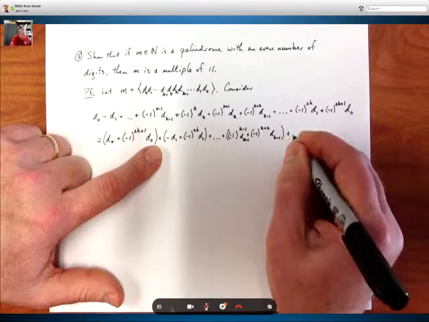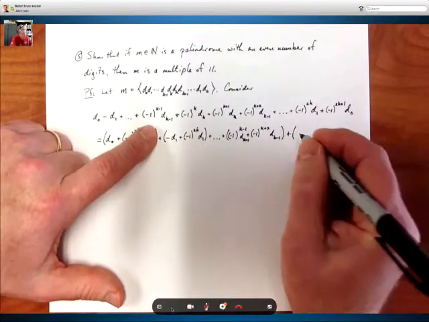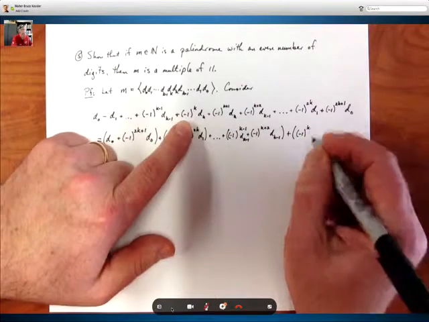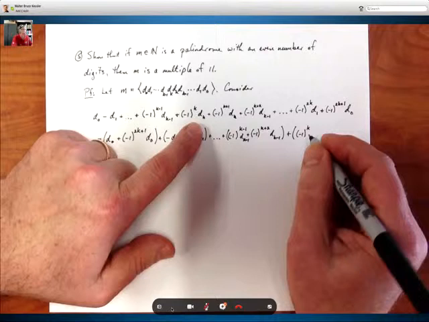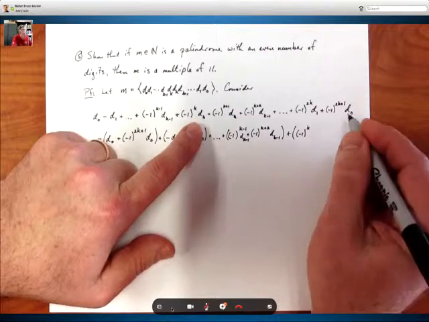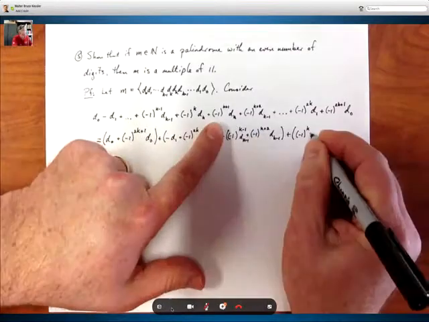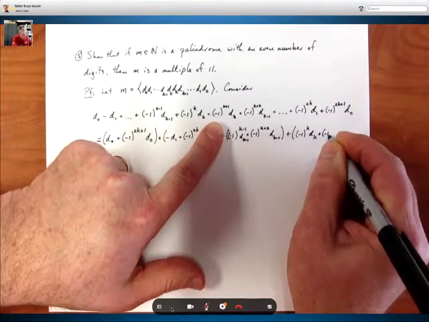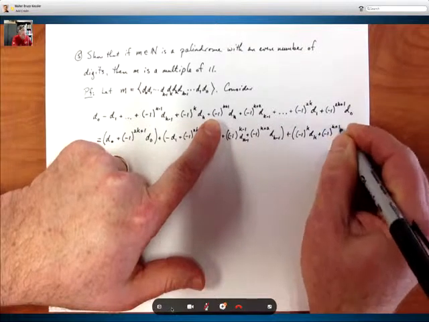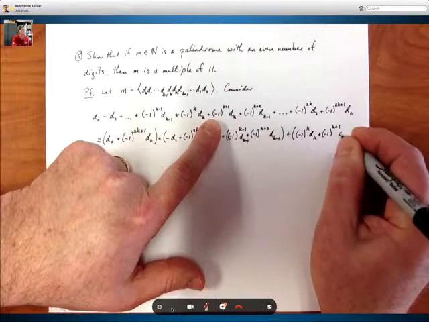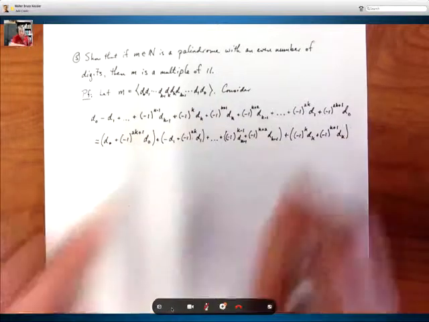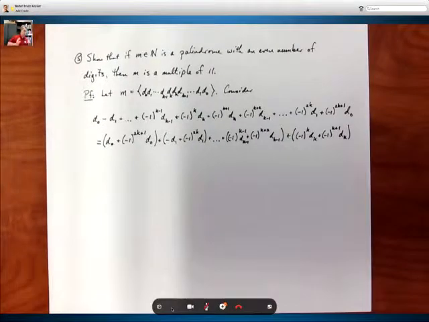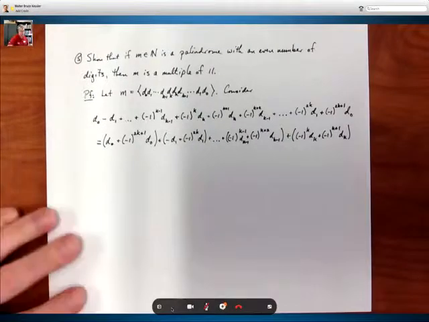Sorry about that. Plus, and this should be our last one, negative 1 to the k, and then here's the other one right beside it, D sub k plus negative 1 to the k plus 1 D sub k.